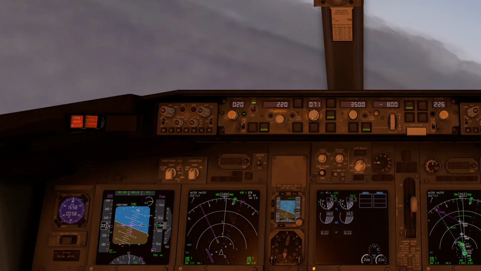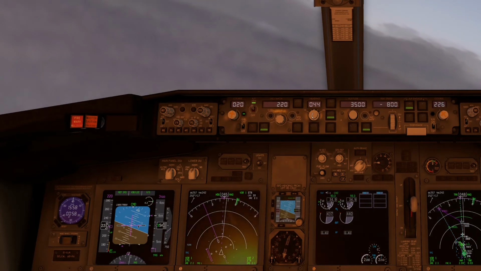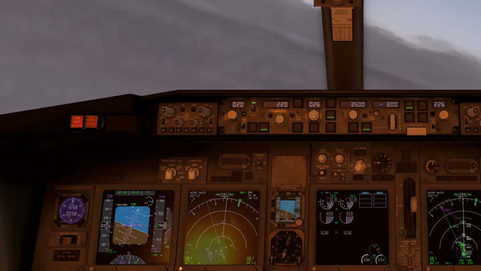So the radial from Strasbourg is 020. We need to re-intercept it.